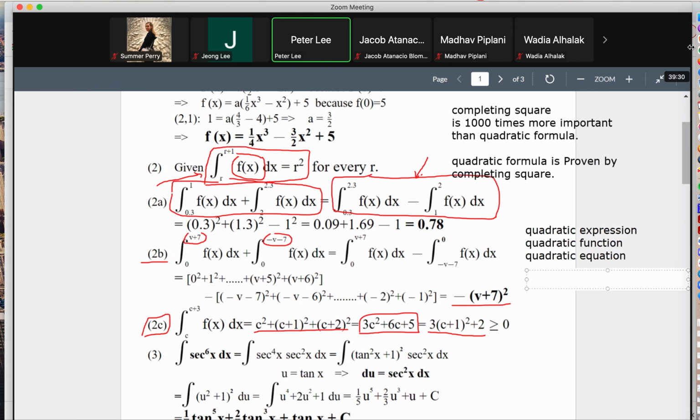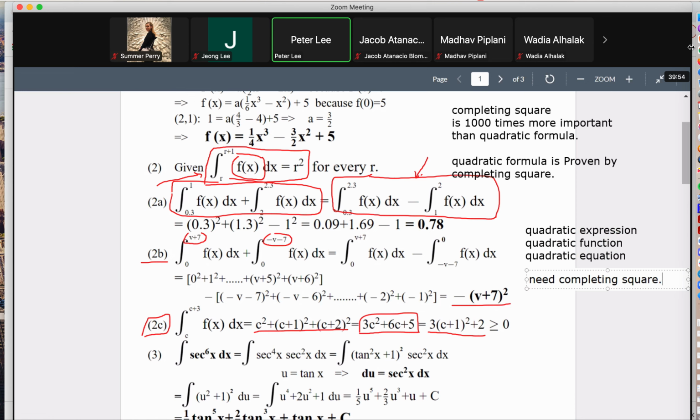Completing the square. I think I did mention completing the square a long time ago in our class, didn't I? What do you think? I did.